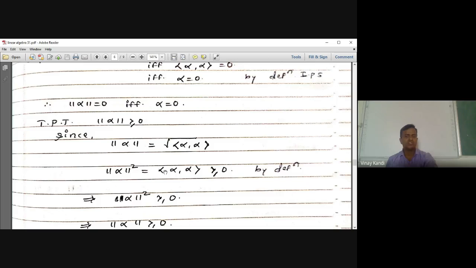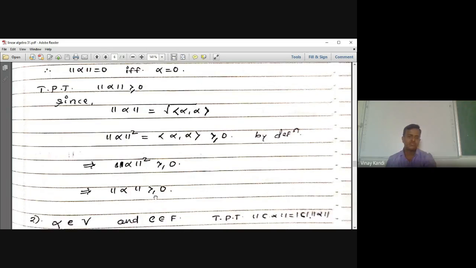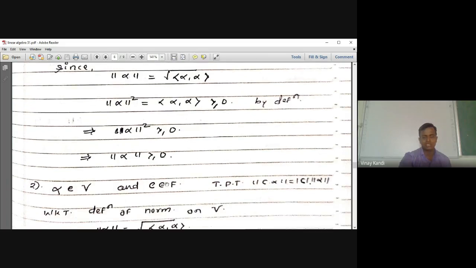But by the definition of inner product space, the inner product is always non-negative, greater than or equal to 0. Hence norm of alpha square is greater than or equal to 0. Taking the square root on both sides, norm of alpha is always greater than or equal to 0. This is the first statement of our theorem. Now, we have to prove the second statement.